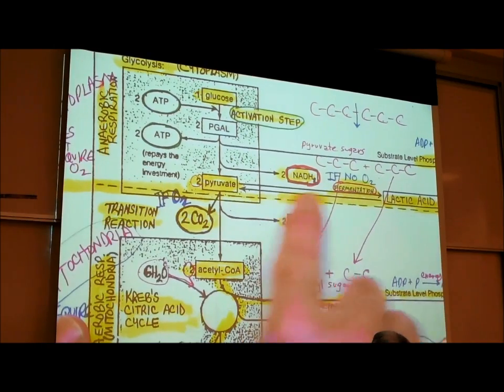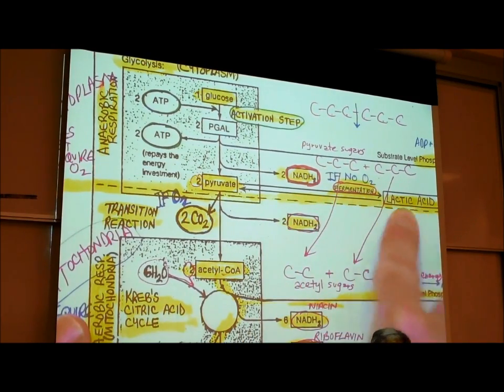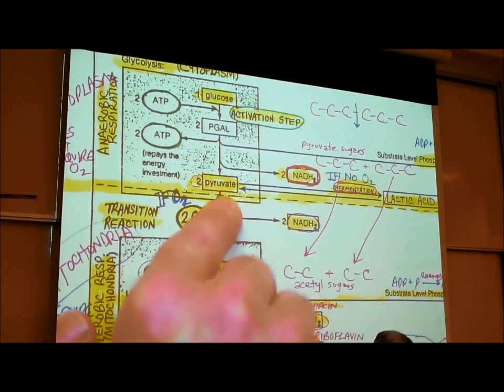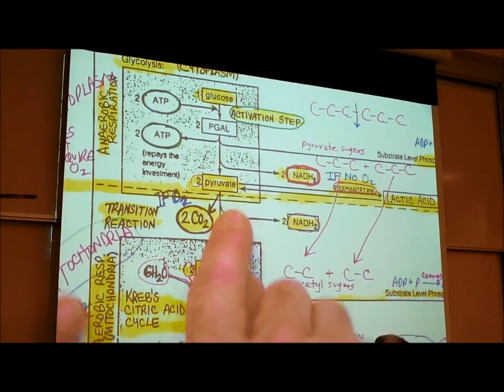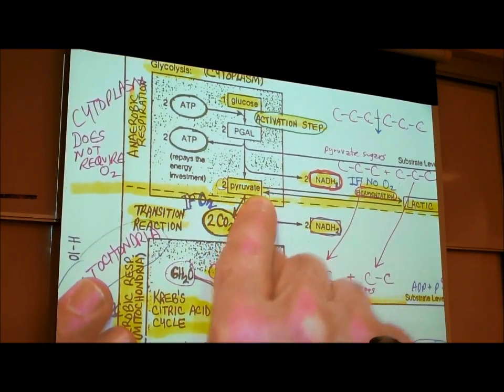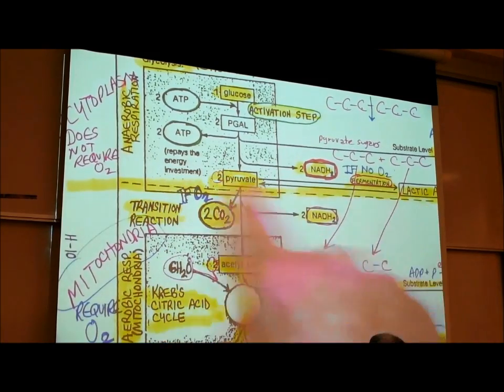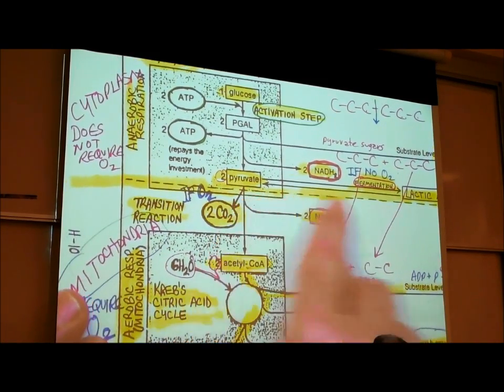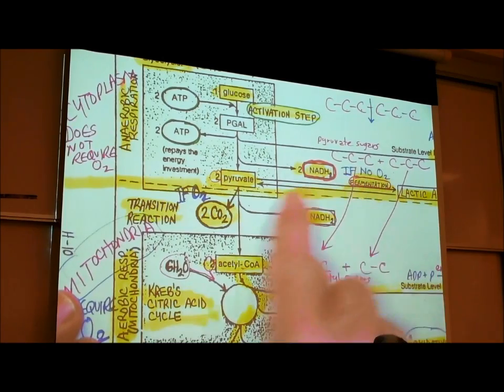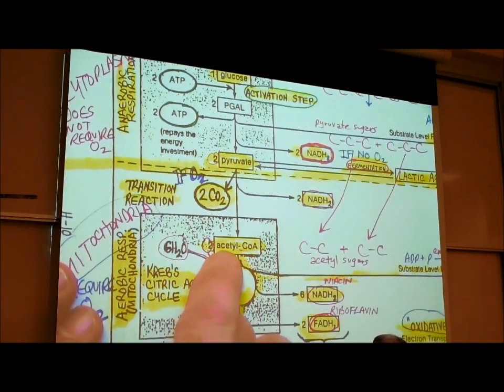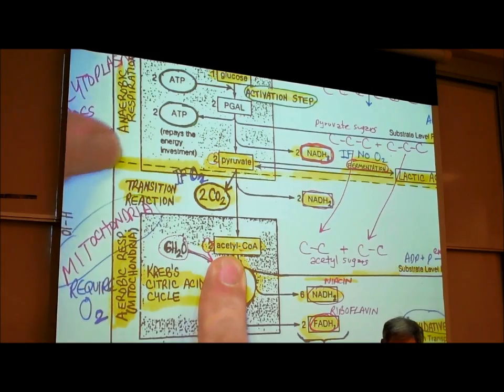Previously we had assumed there was no oxygen, so lactic acid or alcohol was formed. Now let's assume oxygen is available. The pyruvate sugars enter the mitochondria. That's where these reactions down here are going to be made. And the 3-carbon pyruvate sugar is turned into a 2-carbon acetyl sugar.